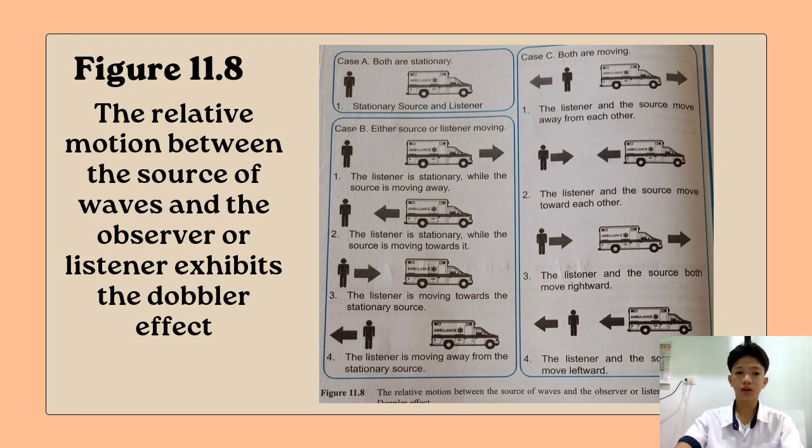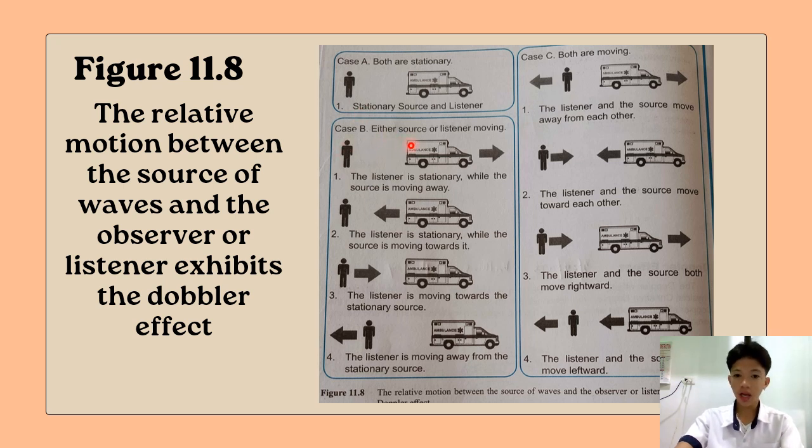The relative motion between the source of the wave and the observer or listener exhibits the Doppler effect. At case A, both are stationary. This means a stationary source and listener. Know that the source is the ambulance and the listener is the person.